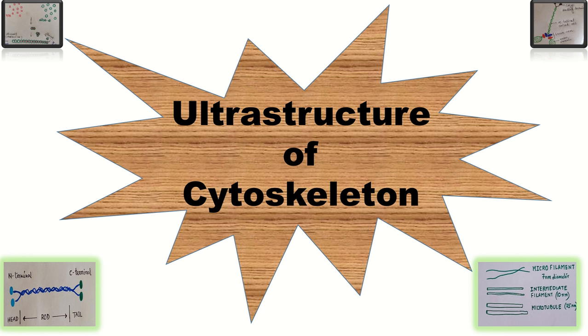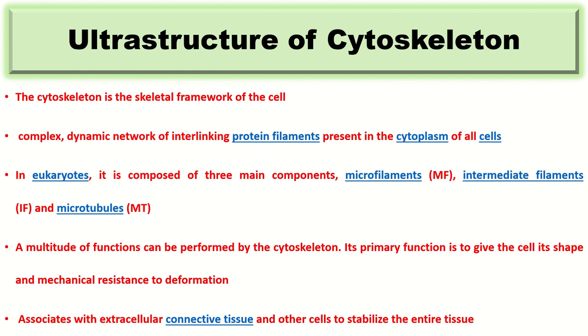The topic for today's discussion is ultrastructure of cytoskeleton. Before we delve into the topic, let's first see what is meant by cytoskeleton. The cytoskeleton is the skeletal framework of the body. What does a skeleton do in your body?